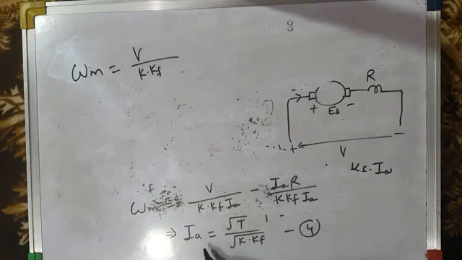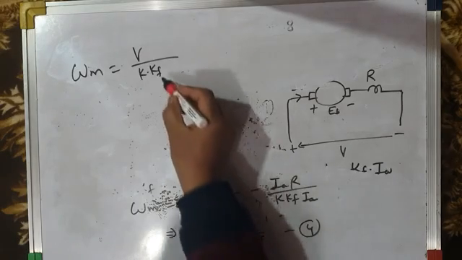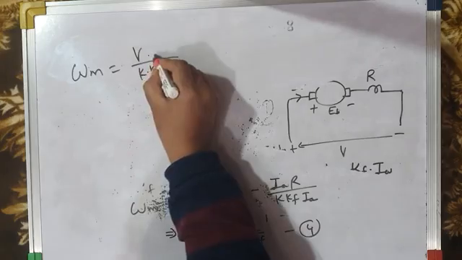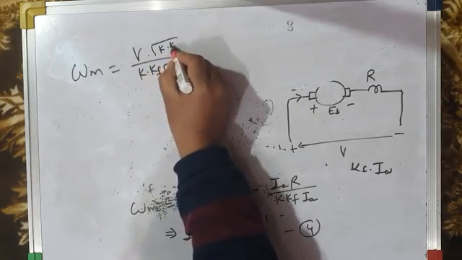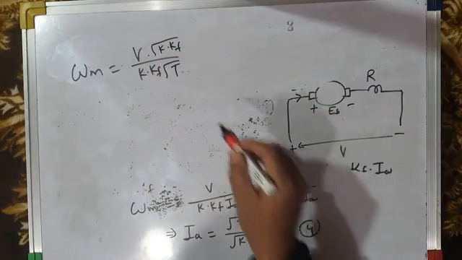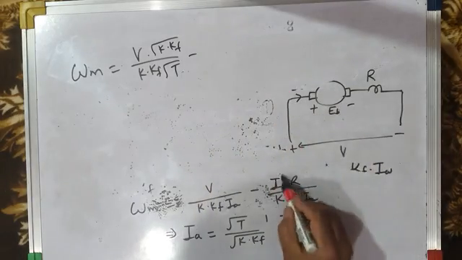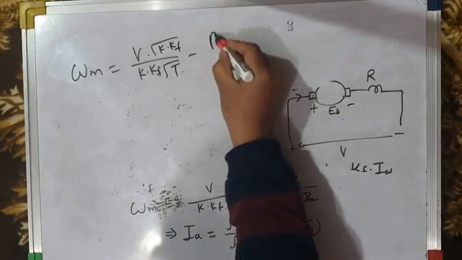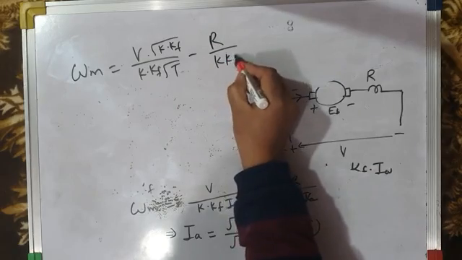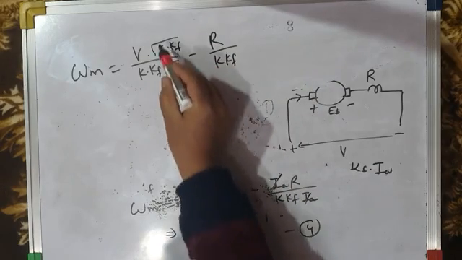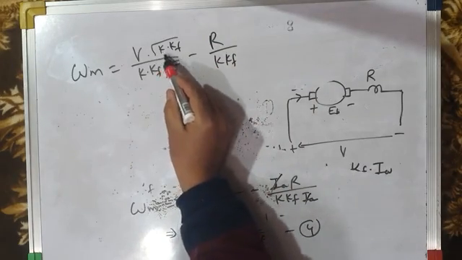From equation 4, what is IA? IA is root T divided by root of K into Kf. So the root of K into Kf will go up, minus, and IA cancels, so it is R divided by K into Kf. If you rationalize it, you multiply and divide the numerator and denominator by under root of K into Kf.